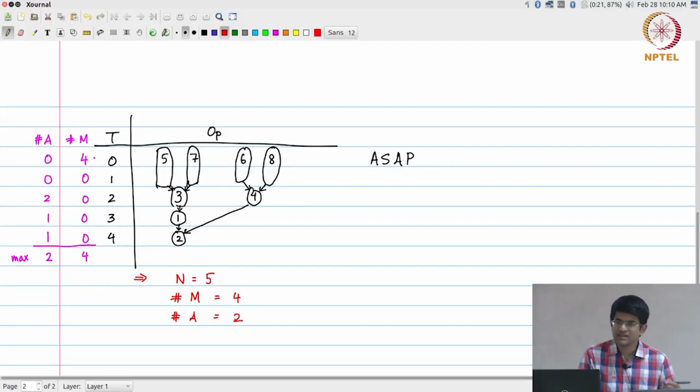Once I have these numbers, I can also introduce a new concept, a new metric, which is easy enough to understand. I am going to call it the hardware utilization efficiency.